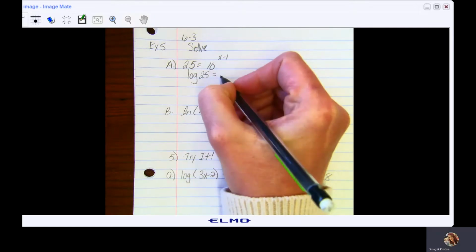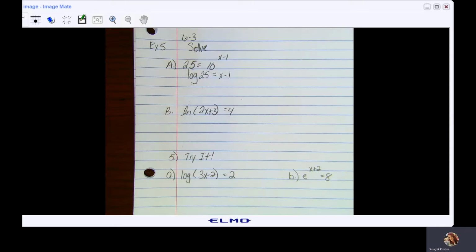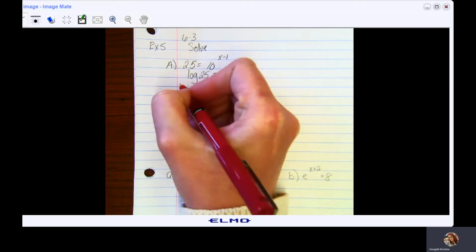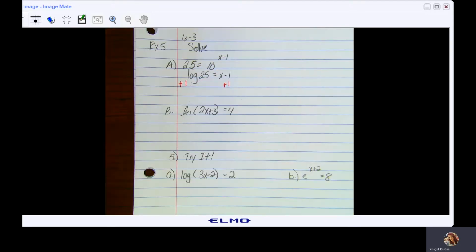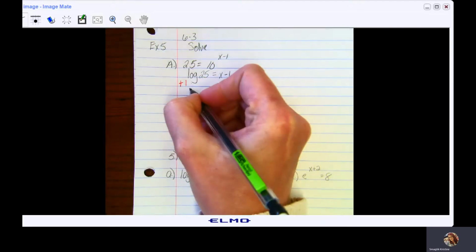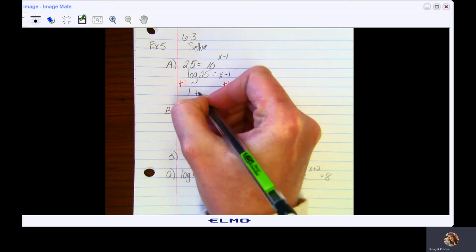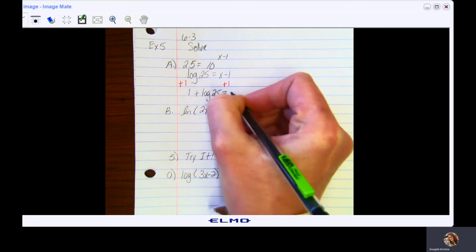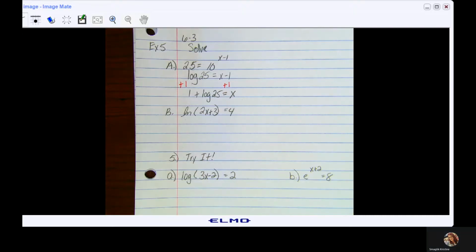And now we can just use our properties of equality to continue solving. I'm going to add 1 to both sides, and now here I'm going to be very careful. I'm going to write this as 1 plus the log of 25 equals x.